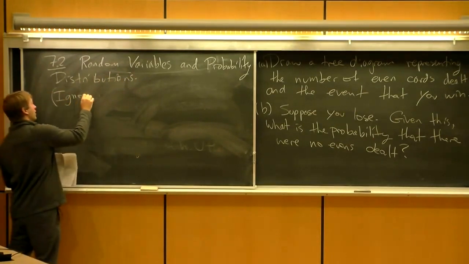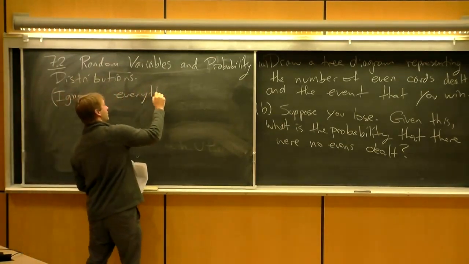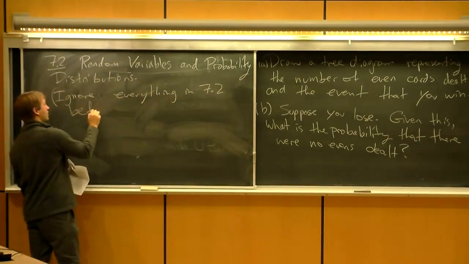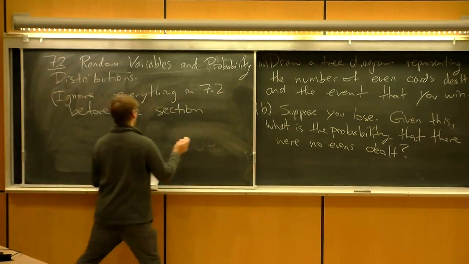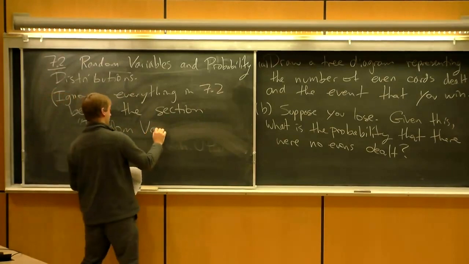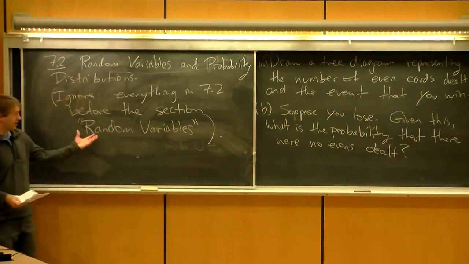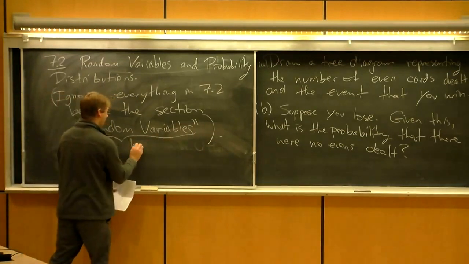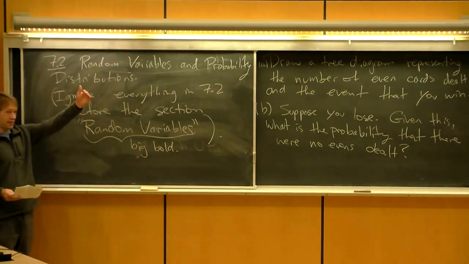If you go and look at the textbook, ignore everything in 7.2 that comes before the section on random variables. You'll see some things written in big, bold letters in the textbook, and there's actually quite a lot of stuff we're skipping.